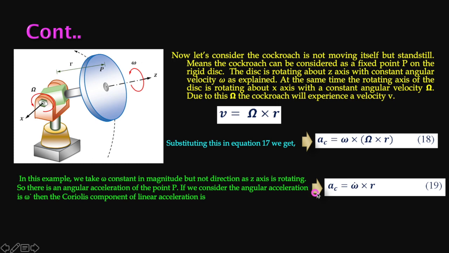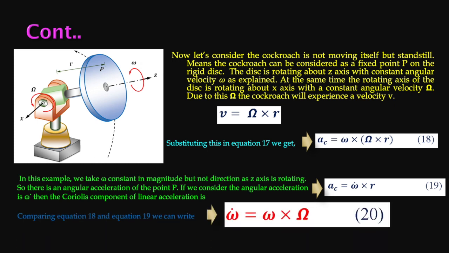Now this Coriolis component of acceleration is sometimes also written as omega dot into omega dot cross r, where this omega dot is omega into omega. This is the omega for this type of system, and another omega is this, because here two different angular motions are present.